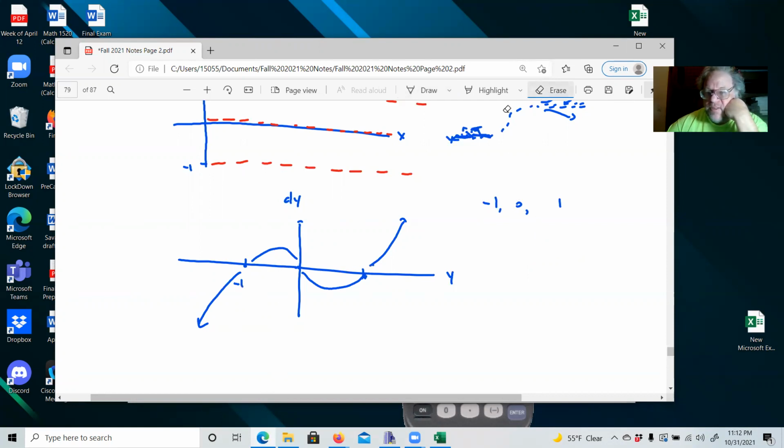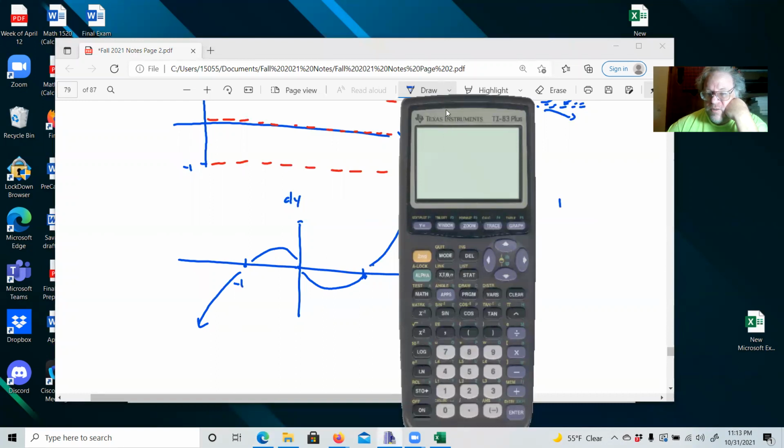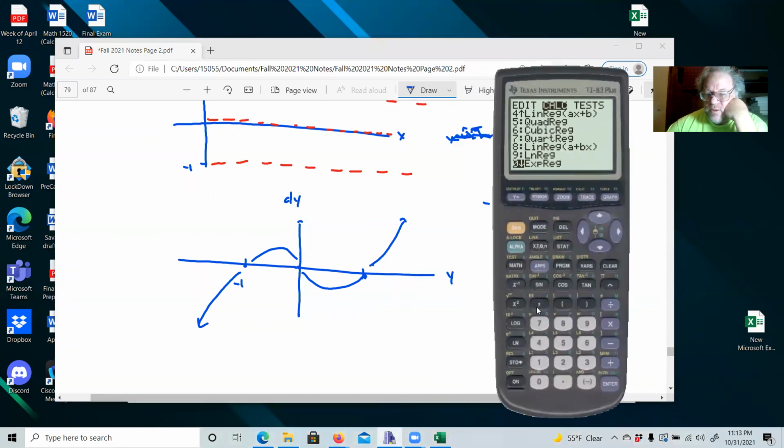If you wanted to graph this in your graphing calculators, I have no objection, because now we're interpreting this graph, not trying to graph it. Your goal at this point is to interpret this graph. We've already gone through the idea of graphing it.